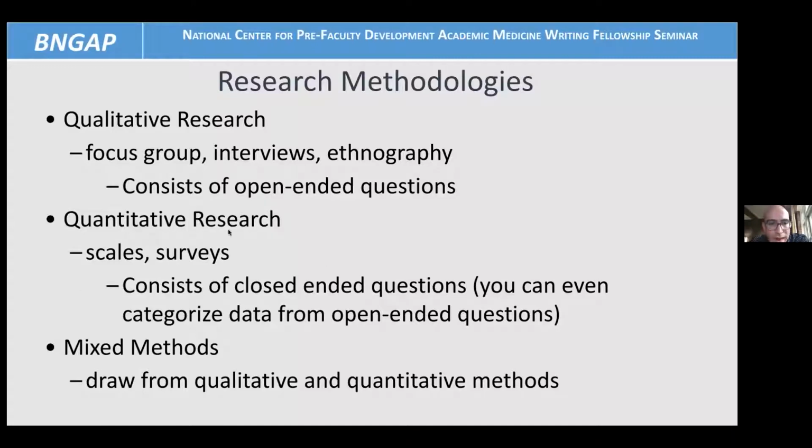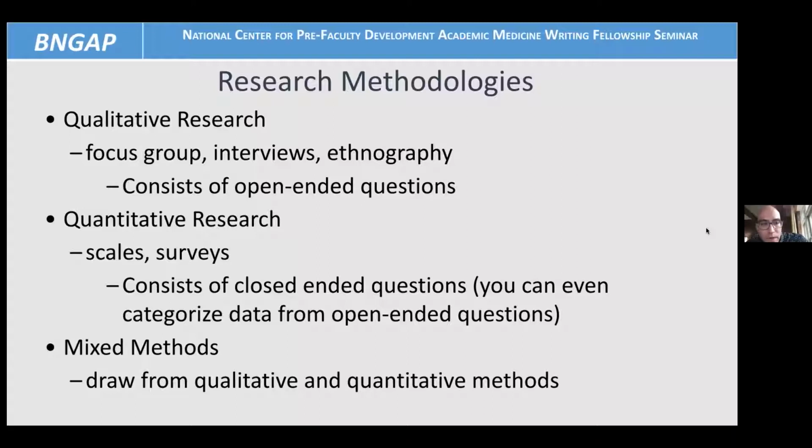So, now that we've discussed some of the frameworks, how we could use a framework like the Kirkpatrick to guide our evaluation, I just wanted to quickly dabble in some research methodologies that we may or may not be using in our projects.